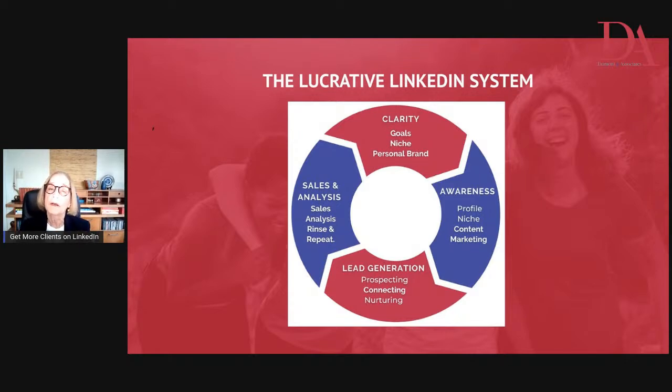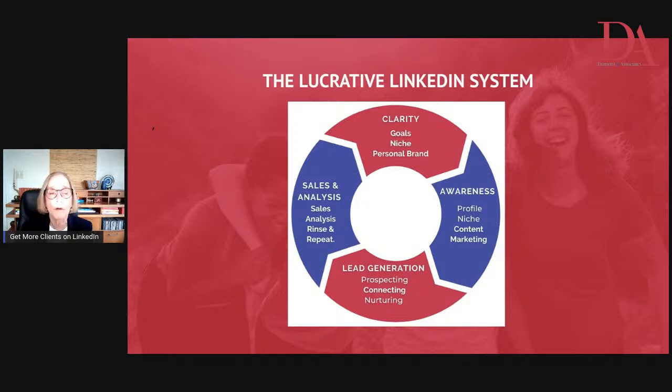And then finally, lead generation is about nurturing those connections. And that's the relationship building piece. That's about entering into conversations. That's about engaging with the content that they post. That's about offering them suggestions. It's about finding things that might be of interest to them and letting them know about it. It's about sharing some things that you might have.